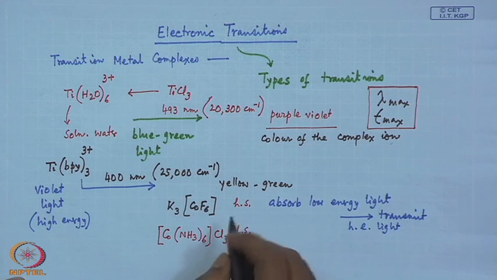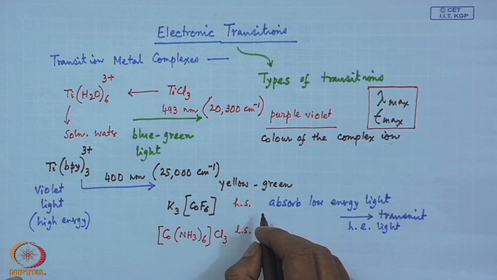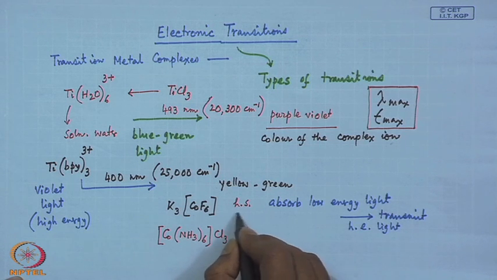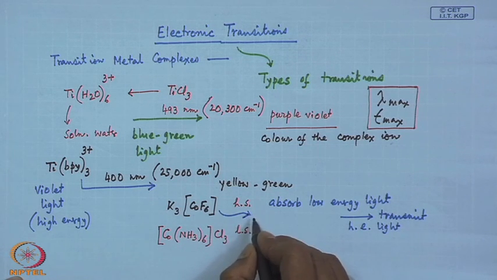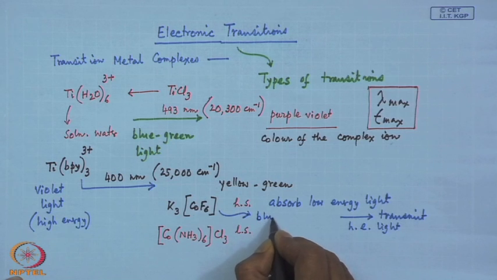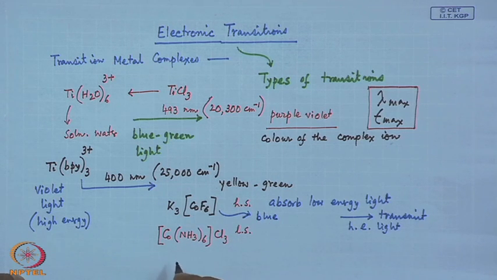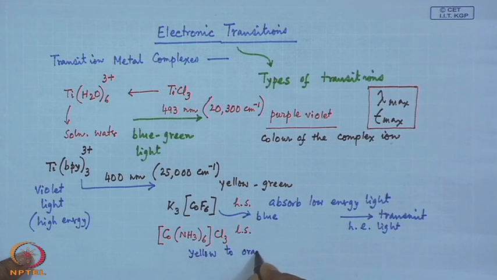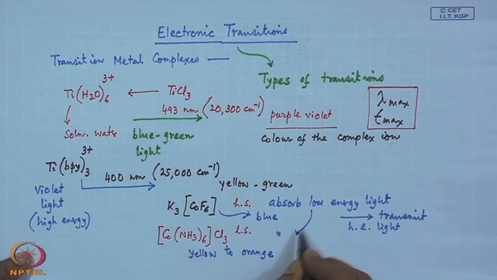So, this particular compound, when it is high spin, the color is blue, but this one is a low spin one and its color is yellow to orange, and here the absorption is taking place not at low energy but at high energy.